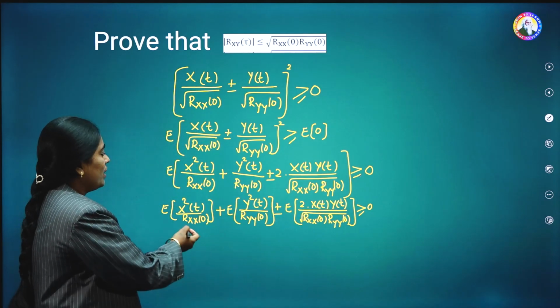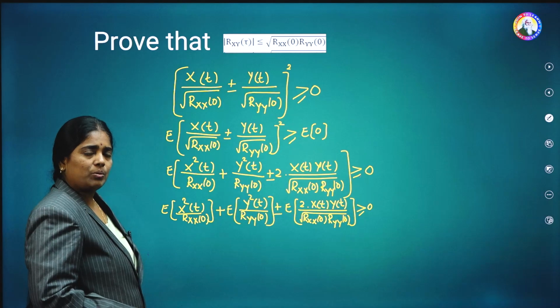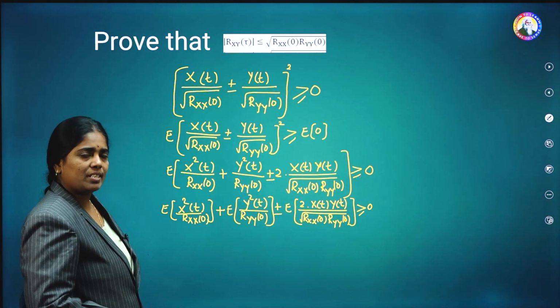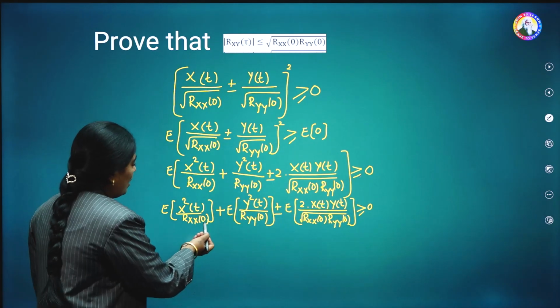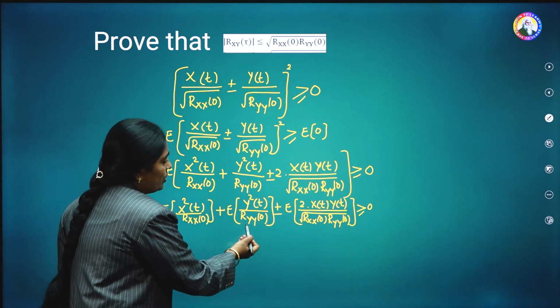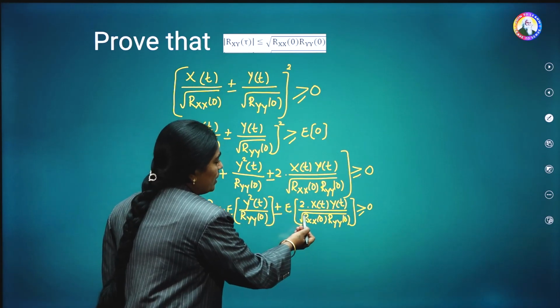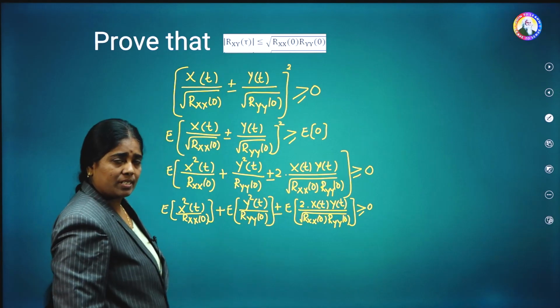Now, you can use the formula E of kx is equal to k into E of x, where k is a constant. Here rxx of 0, ryy of 0, and this 2 by square root of this entire thing are all constants.